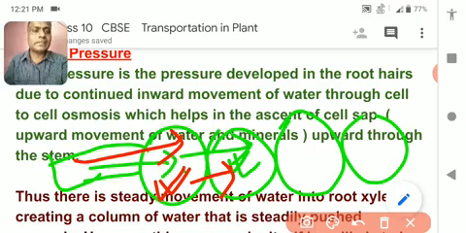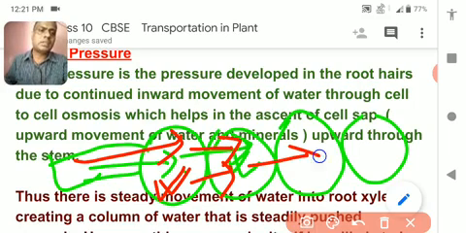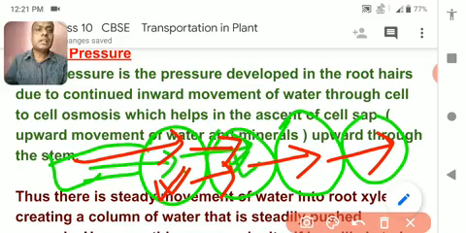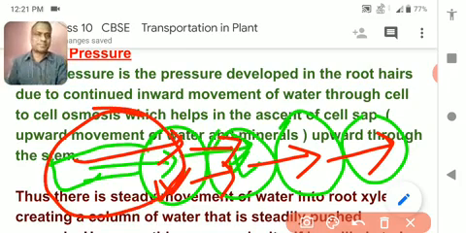Again this water goes to another cell, and this water goes to another cell. So all adjoining cells are absorbing the water and creating a pressure, always absorbing the water, pulling the water from outside. Understood? So this pressure exerted on the root hair is called the root pressure, to pull the water continuously.